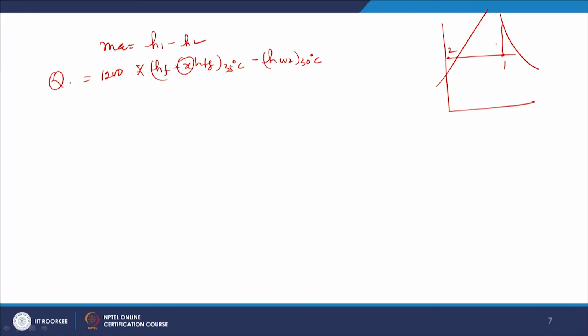But the cooling water, if you look at the temperature rise of the cooling water, that is 17 to 31, and the mass flow rate of the cooling water is also known, 45,000. So 45,000 multiplied by 4.18, 31 minus 17 will give us the heat transmission Q. Now this value of Q, if you put here, the only unknown remaining is x, because these values we will get from the steam table.